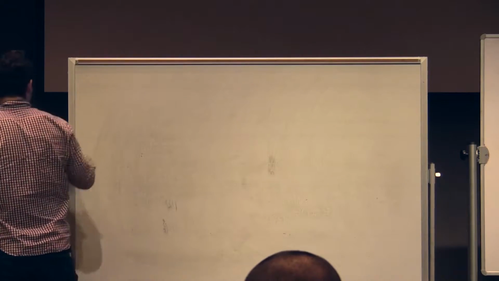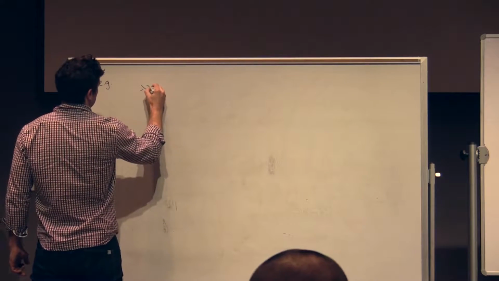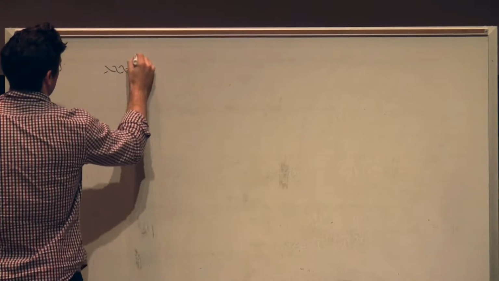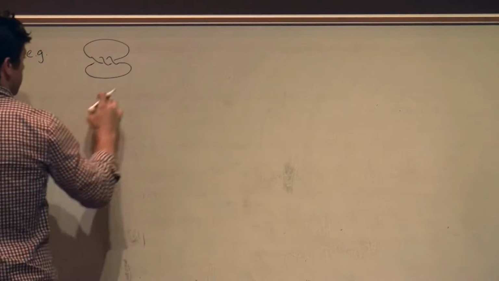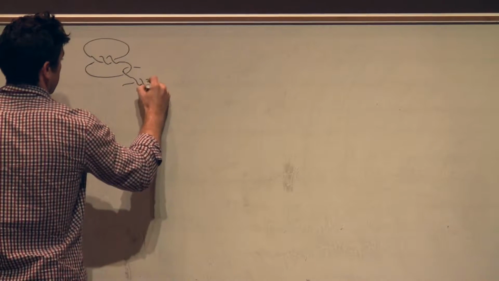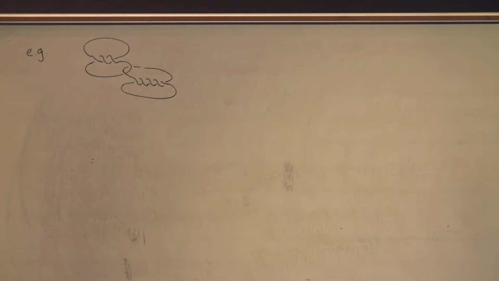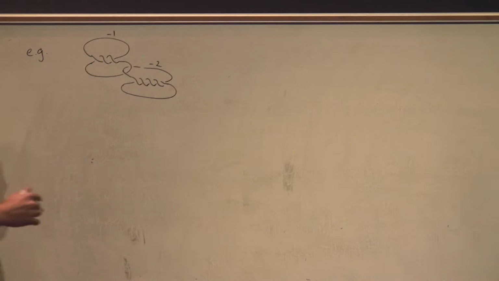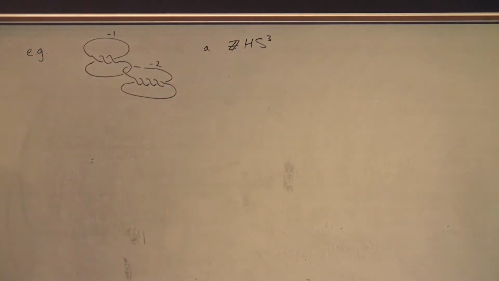So for example, look at the trefoil, and some other 2n torus knot, do -1 surgery on here, -2 surgery on here. This is an integer homology 3-sphere, as you can see from the linking matrix.